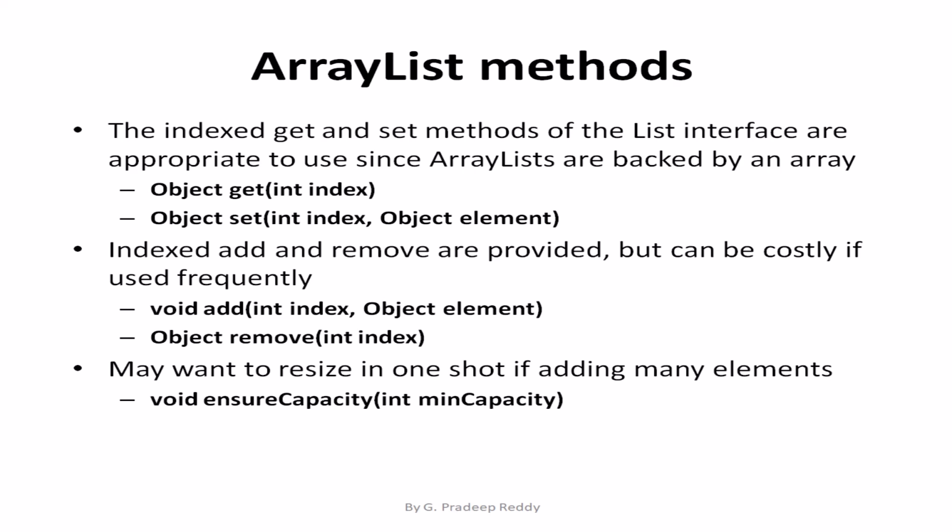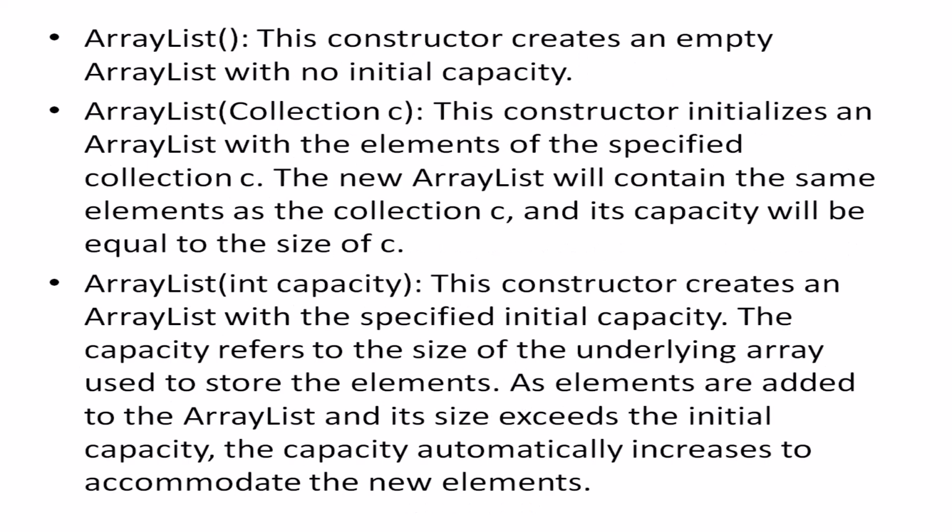You may want to resize in one shot by adding many elements. At that time, you need to check void ensureCapacity(int minimumCapacity). Up to what capacity, how many elements you want to add or resize, you can ensure the capacity.